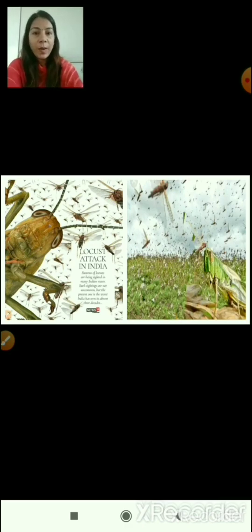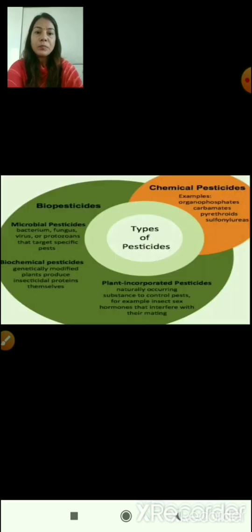This was a very familiar news clipping nowadays which was related to our topic, so I incorporated it into this session. Now to control the number of pests or to reduce the harmful effect of pests on the crop field, we need to apply some pesticides.